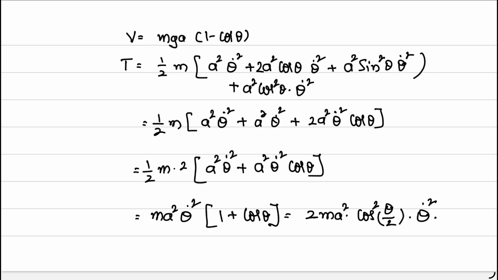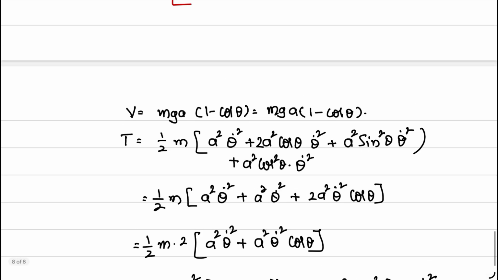Very simple simplification. V is equal to mga into 1 minus cos theta. You can keep it as it is also, no issues, because it's a simple equation.